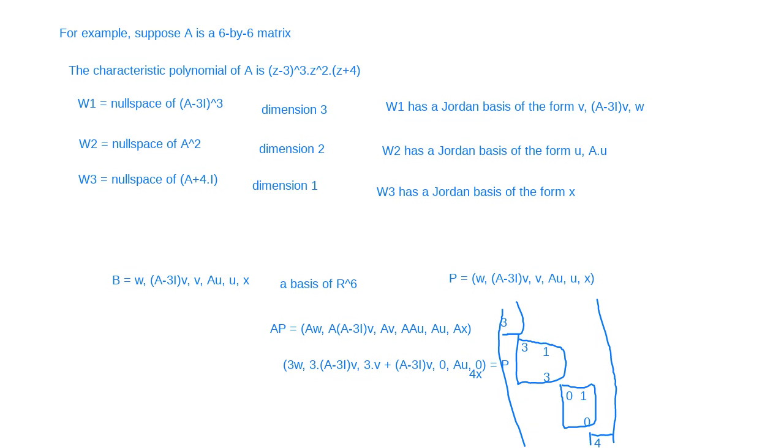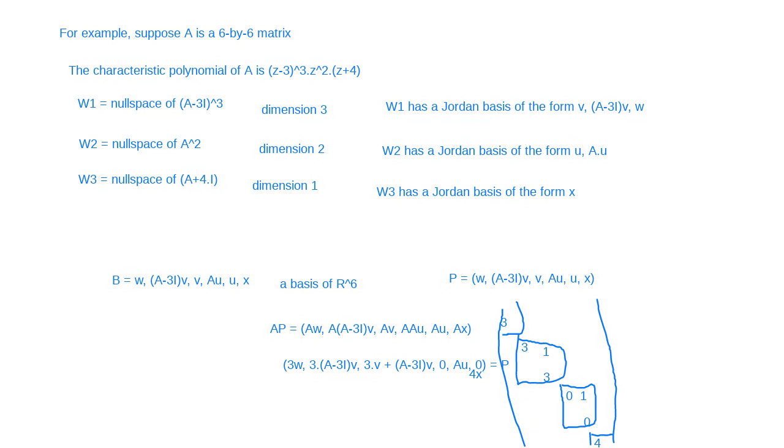So basically A times P is P times this block diagonal matrix.